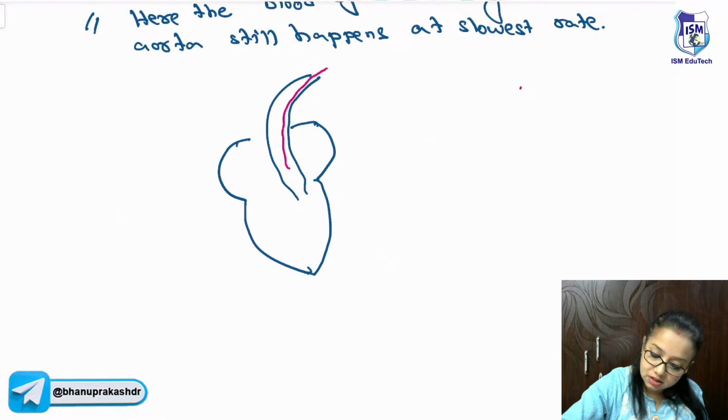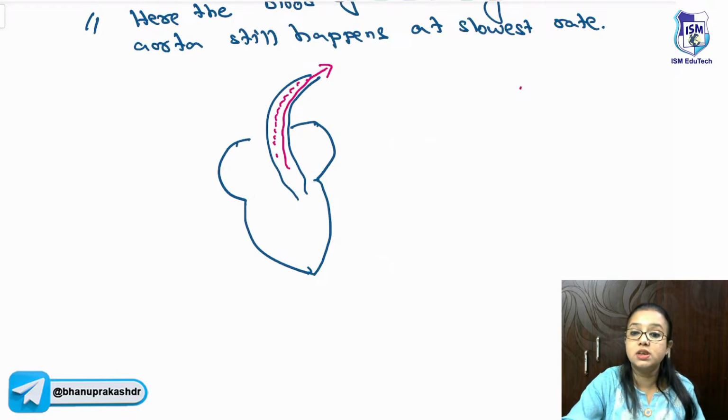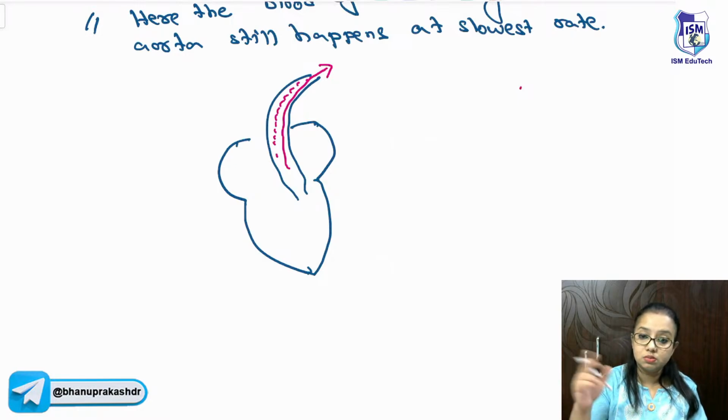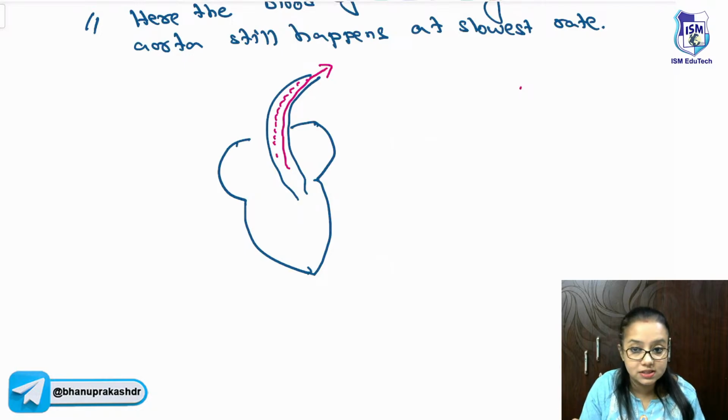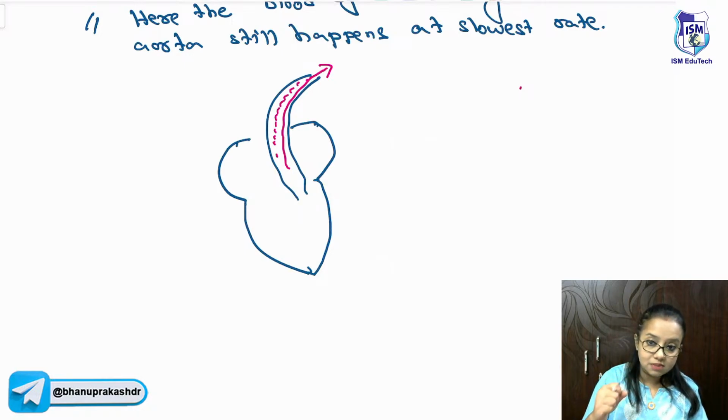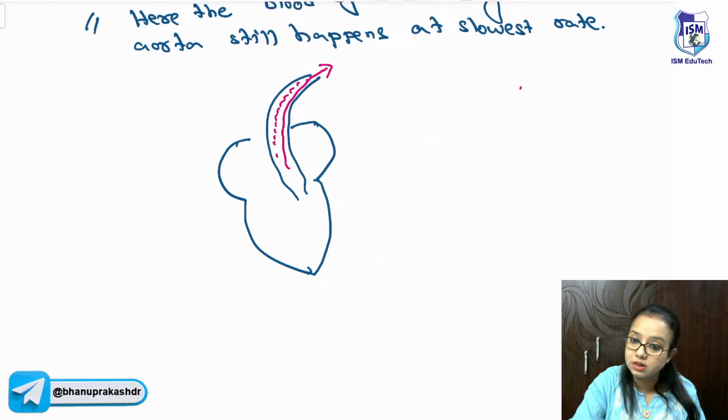There was ejection of blood. So in protodiastole, what happens? There is still a little bit of blood going out, because the aorta is never without blood. No blood vessel can stay totally without any blood. This little bit of blood actually causes the squeezing of the aorta. Okay, so this is the protodiastole.